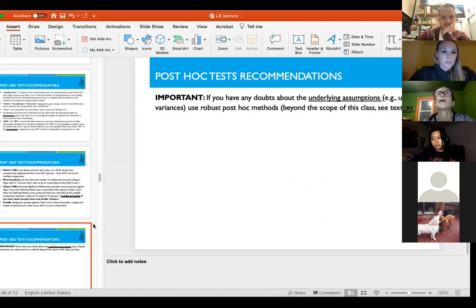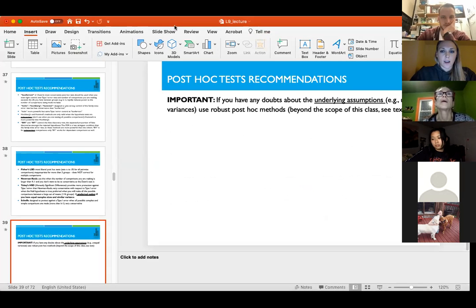All right, if you have any doubts about the underlying assumptions of your ANOVA, which by the way are very similar to the independent samples t-test, where you need independence, homogeneity of variance, normality, all of those things that we talked about, these are going to be the same for a one-way ANOVA.